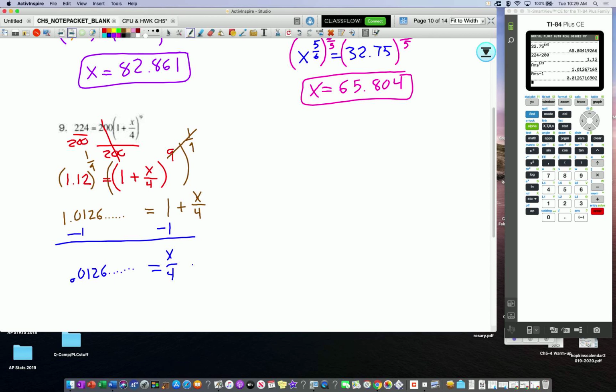Times it by 4. So I get x equals 0.051. Nice. All right, that's it for the notes.